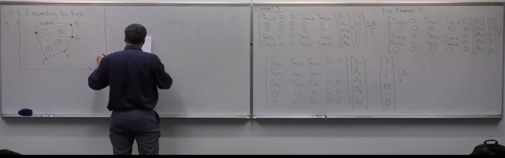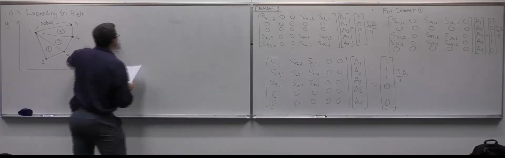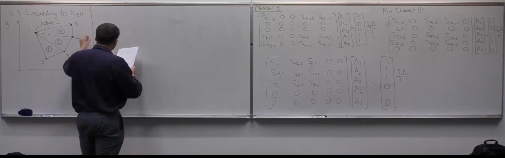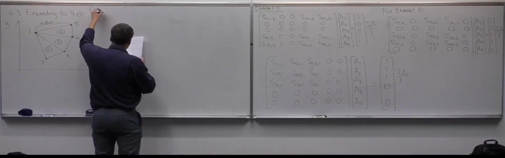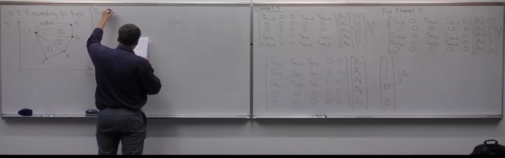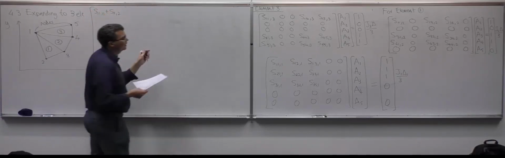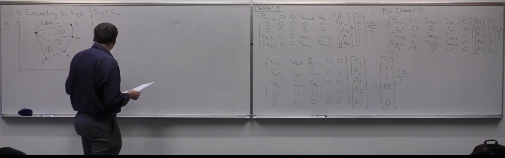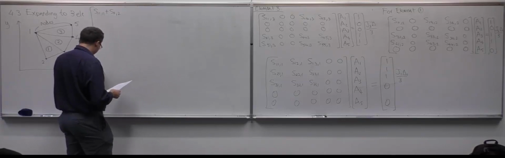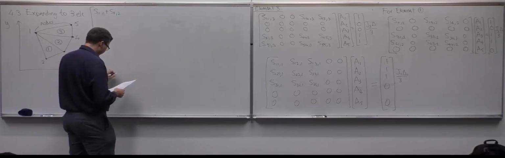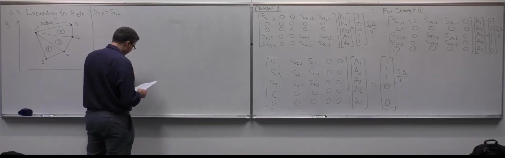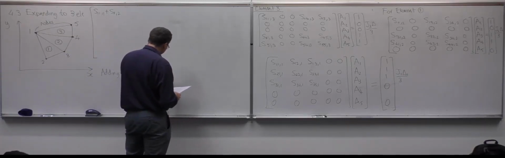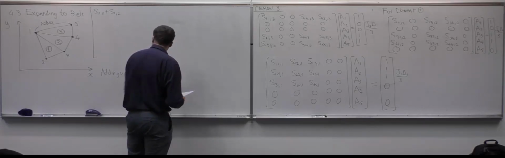So we're going to have out here S111 plus S112. So I'm adding the three matrices together. Maybe I should write that here. Adding up three matrix equations. So that's what we're doing.